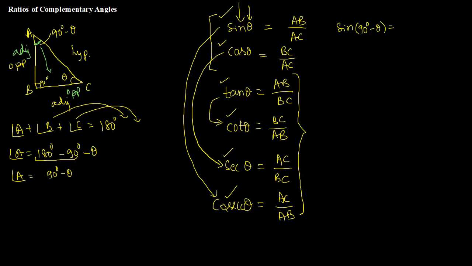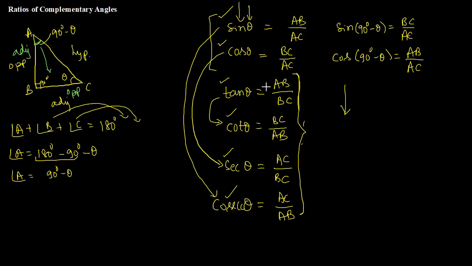So keeping that in mind, sine of 90 minus theta, opposite is going to be BC by AC, and cos of 90 minus theta is going to be adjacent, which in this scenario is AB by AC. So you can continue with the same values whatever we found out.